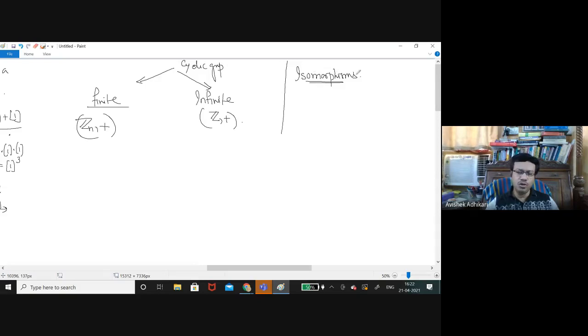But we'll show that these two groups are not isomorphic. We'll also show that if, suppose, n equals 17, you will get only one cyclic group, which is known as Z17 plus. That I will come to later on.